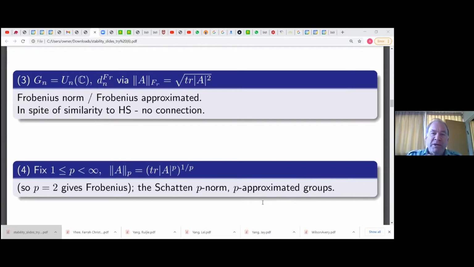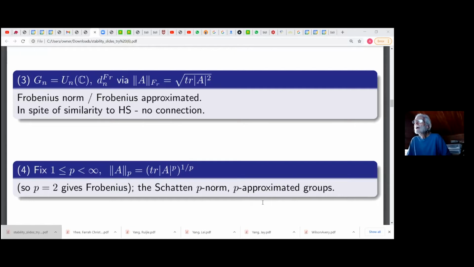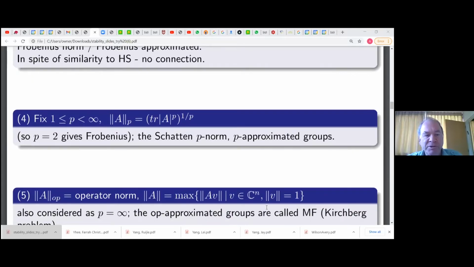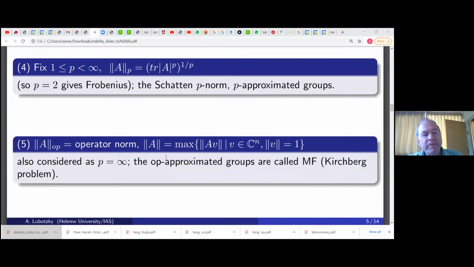If I have two values p and q, even if the q-norm is always less than the p-norm, I cannot deduce one from the other. So the question is a new question for every p. Do you have non-p-approximated groups? And there is also the case of p equal infinity, which is called the operator norm.